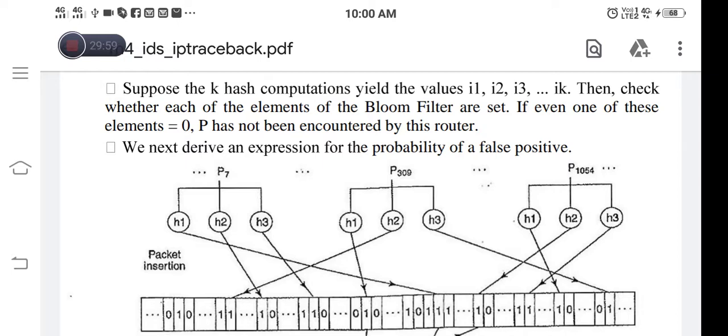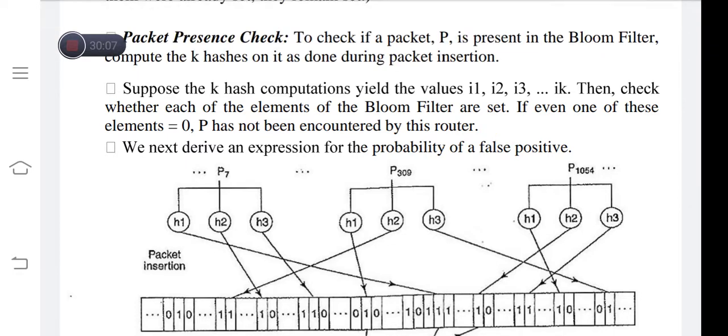Okay. So if even one of these elements equals 0, P has not been encountered by this router.